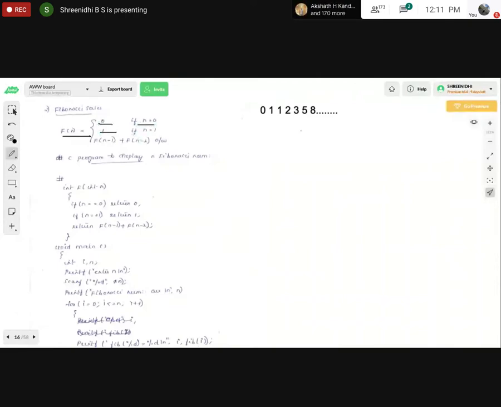It will be 1, the second number, if n is equal to 1. Otherwise, I'll have f of n minus 1 plus f of n minus 2. So if I take n is equal to 4, what will be my output? It will be 0, 1, 1, 2.